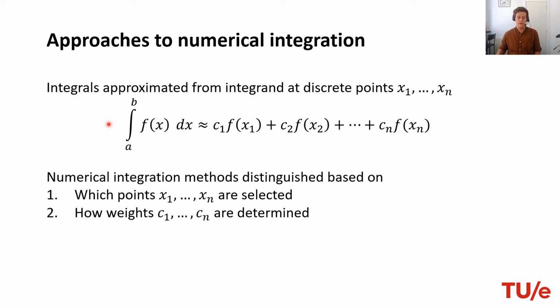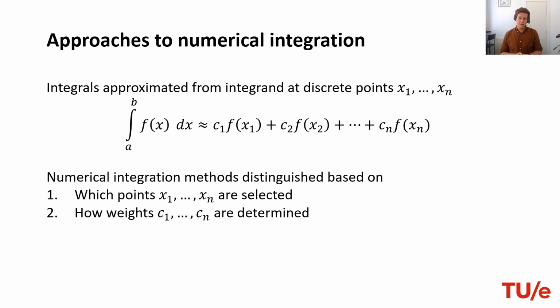The integral will be approximated from the integrand f, which will be evaluated at specific discrete points x using certain weights. So we will come up with some kind of a weighted sum of function evaluations. That's how your integral will be approximated.